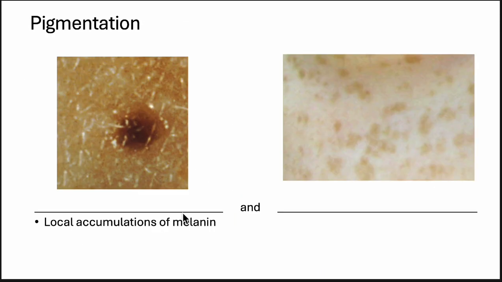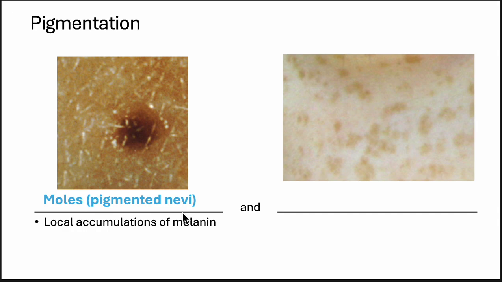Now, pigmentation isn't always going to be uniform along the skin. Some of us have distinct regions that are going to be local areas of pigmentation. So two notable ones that we have are moles, or pigmented nevi. These can range from benign accumulations of melanocytes to melanomas, which are cancerous.